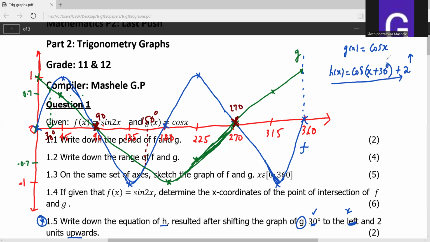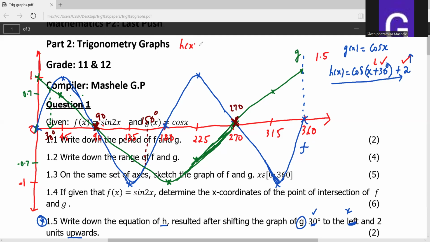I believe you are following. Plus 30 and plus 2. This is the answer for 1.5. If it was to the right, we would have a minus. Downwards is negative. That's what you need to know, guys. Let me write it here.